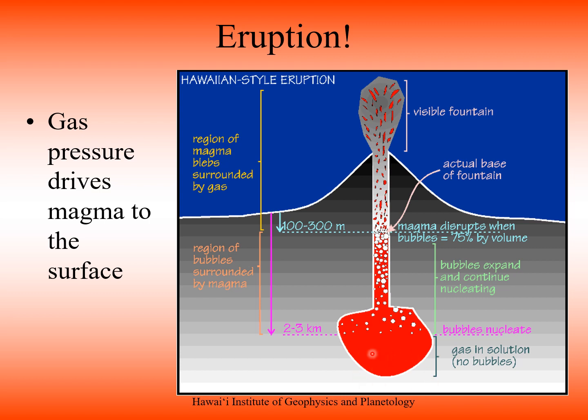They can't form bubbles. There's too much pressure on this magma chamber. At about 2 to 3 kilometers, you get bubbles starting to nucleate or form. The bubbles expand as that magma moves up and continue to nucleate into larger and larger bubbles. But those bubbles are surrounded by magma, so they are very much still in solution, but they're just starting to form as the pressure is released.